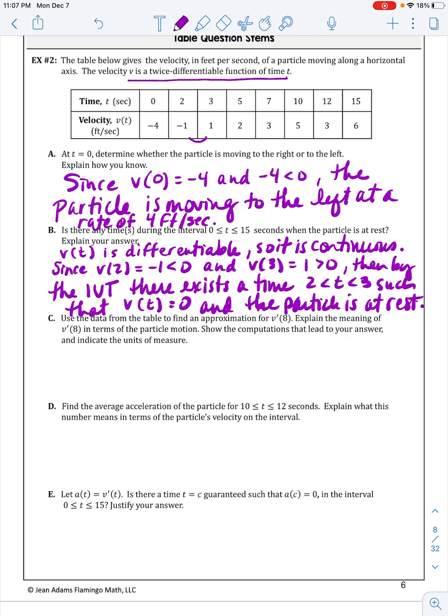Remember, intermediate value theorem says that a continuous function takes on every value in between there. So that's why we can use that.